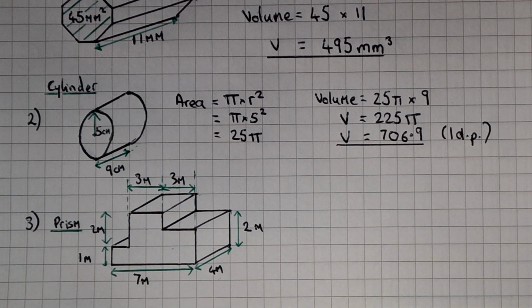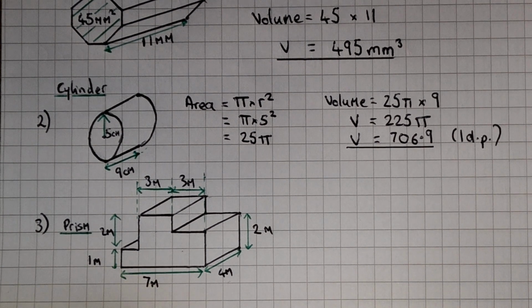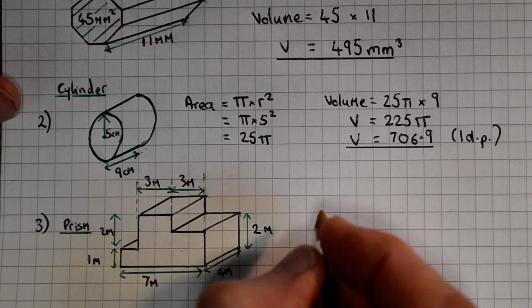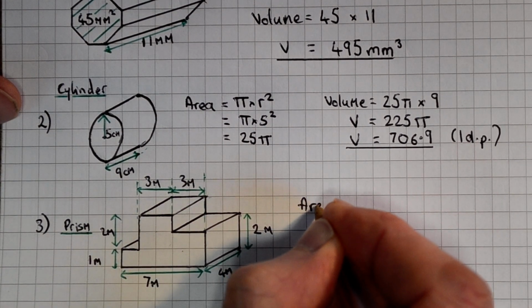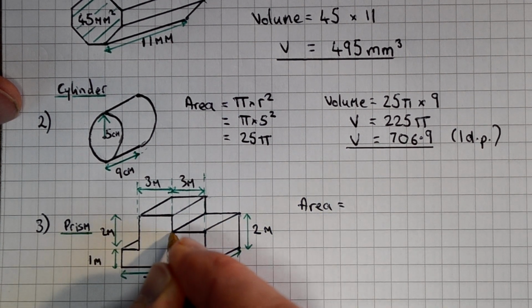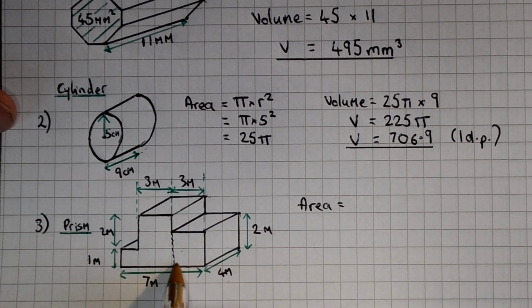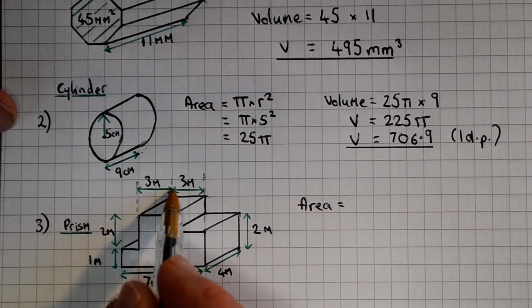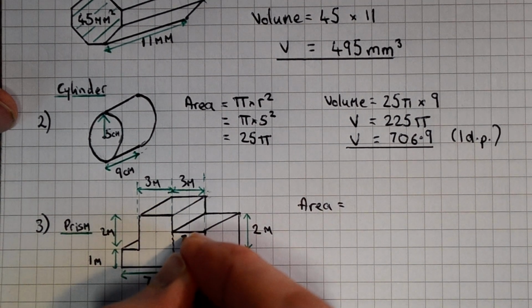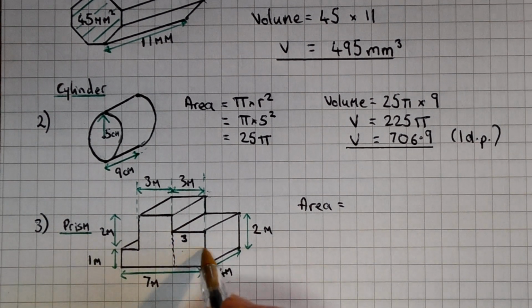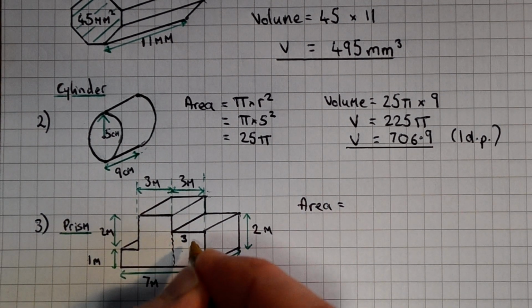So to find the area of the section, we want to divide it into rectangles. So this one here, what's this length across here? Well, that corresponds to this length here, so that's 3 meters. This length here is 2 meters.